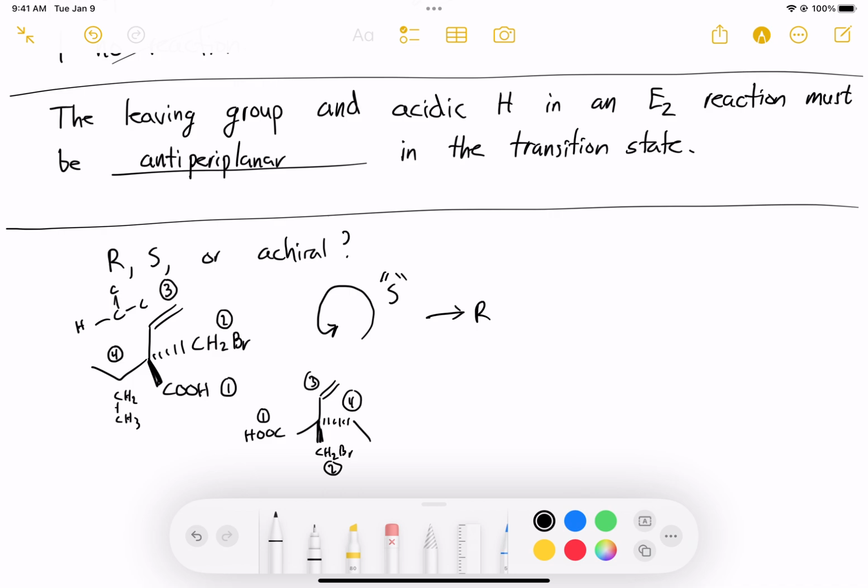So maybe they both have to be on the lowest priority. They both have to be matched. So right now, it looks like it's S. Right? Or did I rotate it wrong?